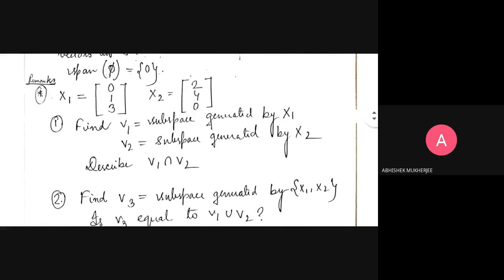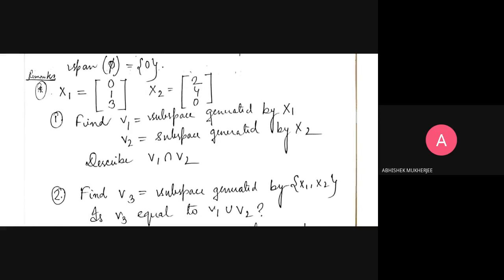Here this is the question: x1 is the vector (0, 1, 3), and x2 is (2, 4, 0). So I have to find V1, which is the subspace generated by x1, and V2, which is the subspace generated by x2, and then we have to find V1 intersection V2.